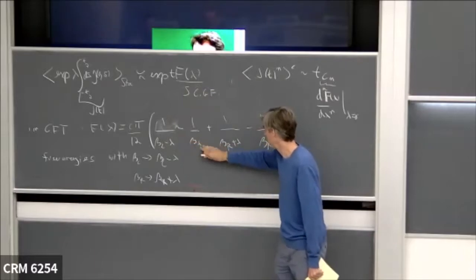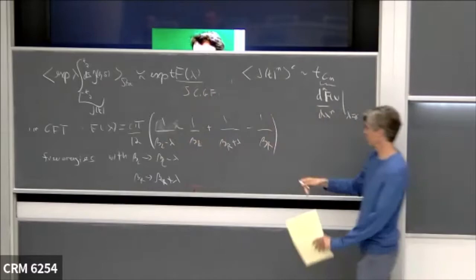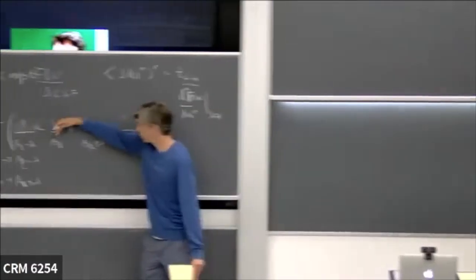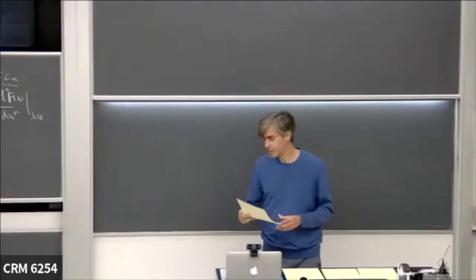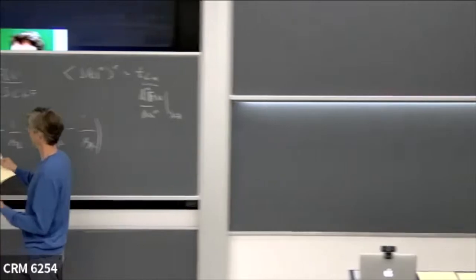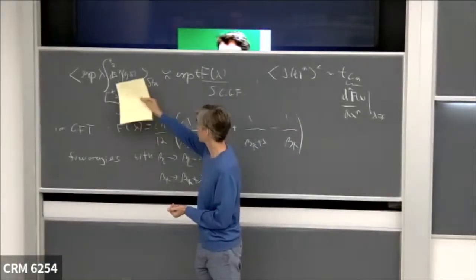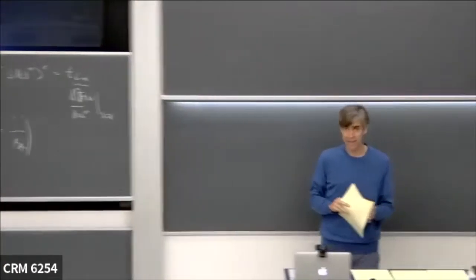Indeed, if I put lambda equals 0, the difference is zero. So this is a calculation in CFT, and this is a nice description of the transfer of energy from left to right.